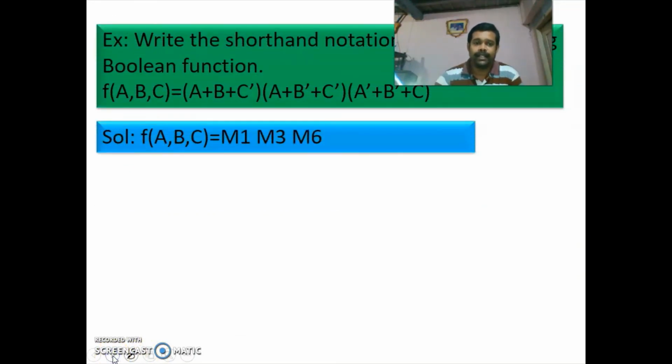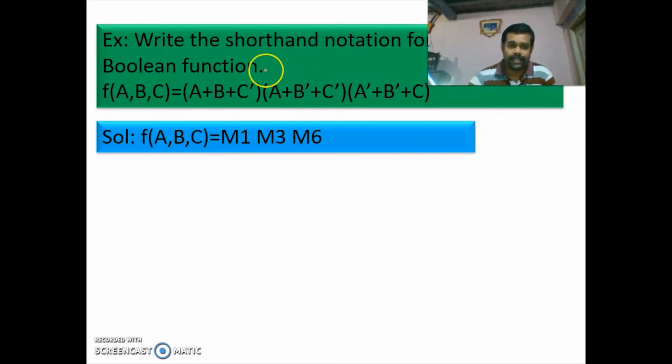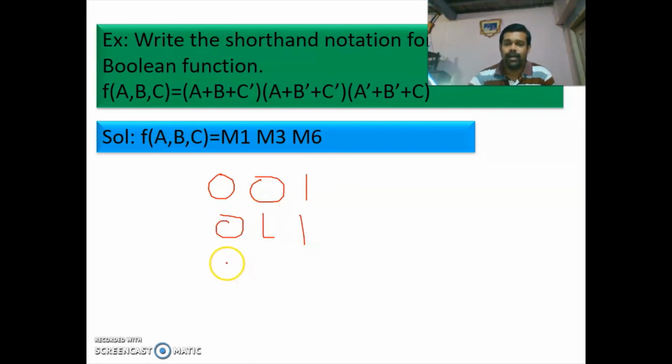Next, writing the expression in product of sums. This is the expression. In POS, instead of the uncomplemented literal you put 0, and for the complemented literal you put 1. So 0, 0, 0, then next 0, 1, 1, then 1, 1, 0.